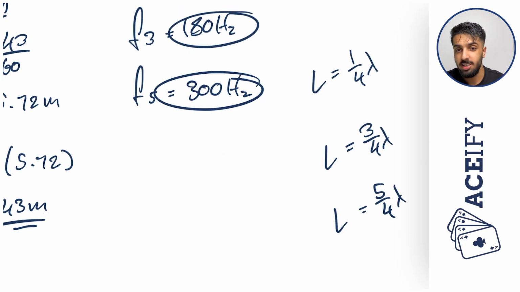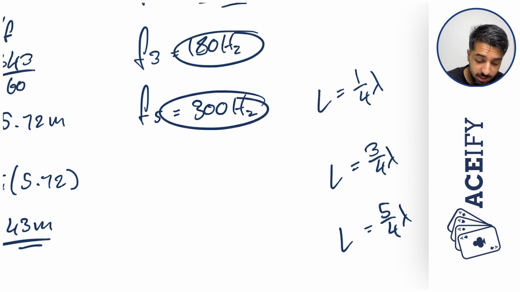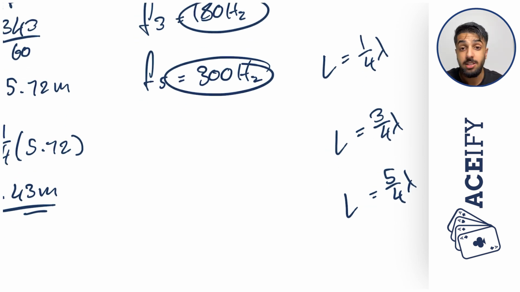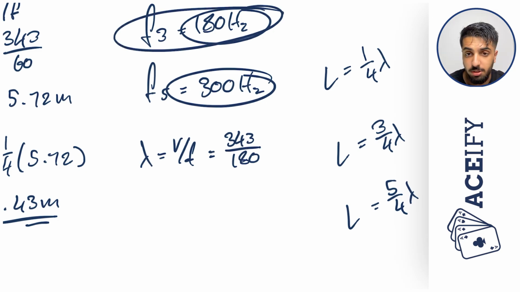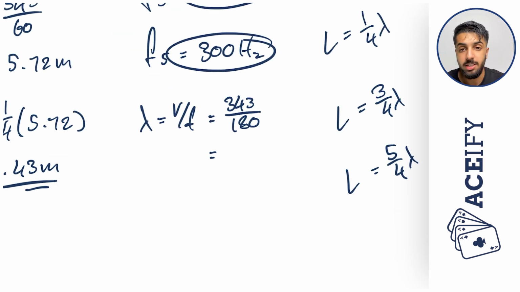Moving on to the second method, we know that the third resonant frequency is 180 Hertz, and so we can find the wavelength at that third resonant frequency. Lambda is equal to v over f again, where our velocity is still 343, all over our frequency, which is 180 Hertz, because that is the frequency of the third harmonic. That gives a wavelength of 1.91 meters.